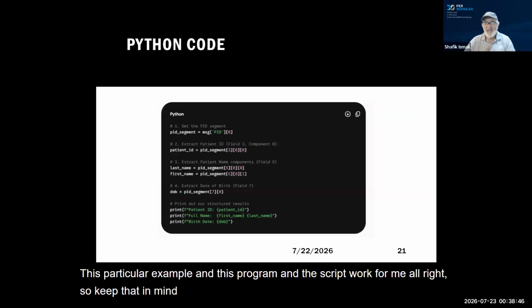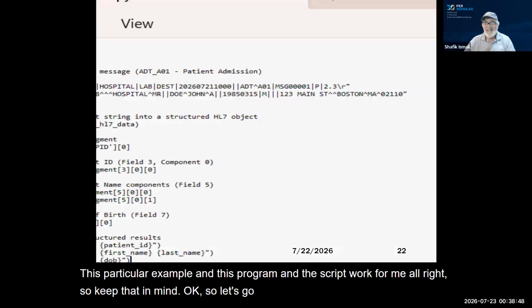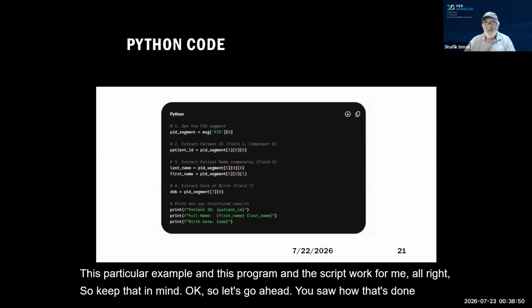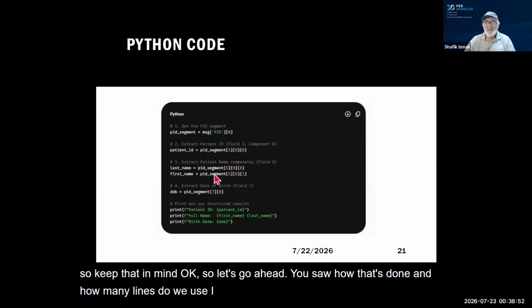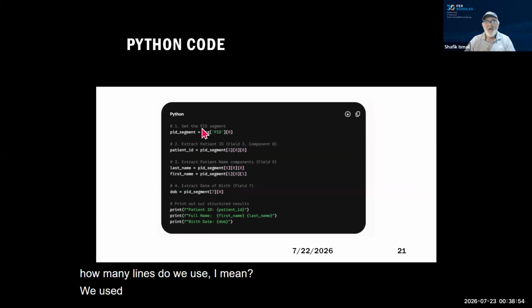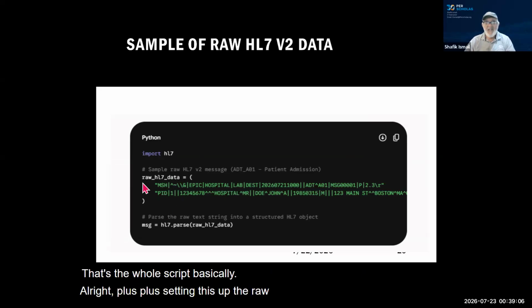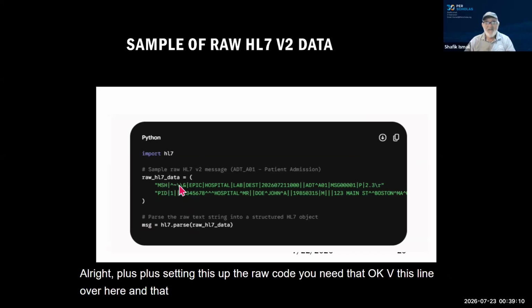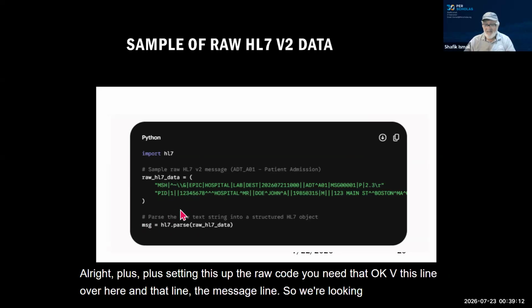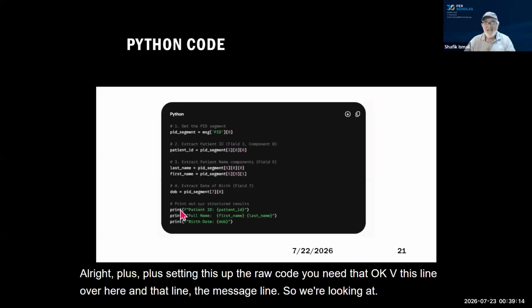Okay, so let's go ahead. You saw how that's done, and how many lines do we use? I mean, we used about 15 lines at the most, right? That's the whole script basically. All right, plus setting this up, the raw code. You need that, okay? Read this line over here and that line, the message line. So we're looking at probably 15-16 lines at the most.